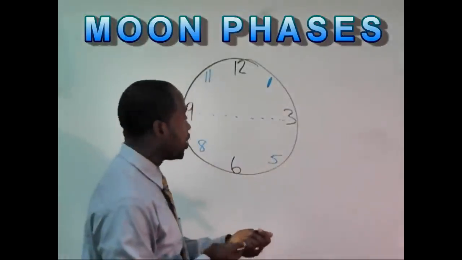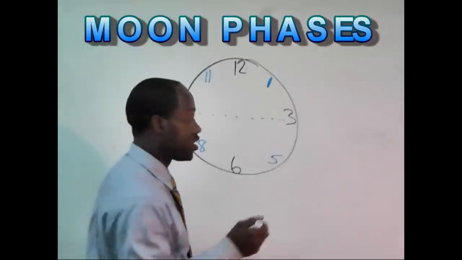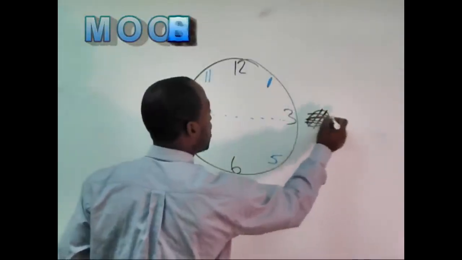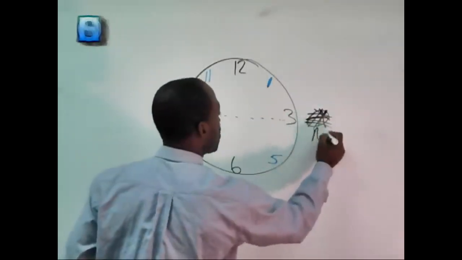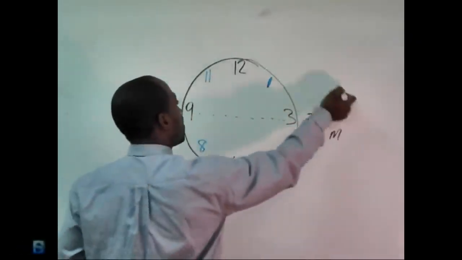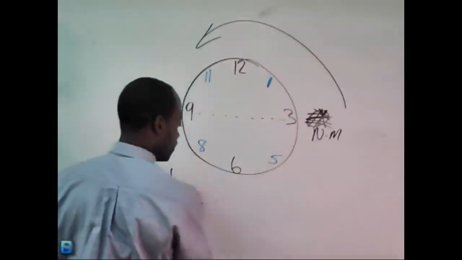First, we're going to put in the first four phases. Right here at 3 o'clock, I'm going to put in a new moon, so I'm going to write NM, and then I'm going to go this way, counterclockwise.